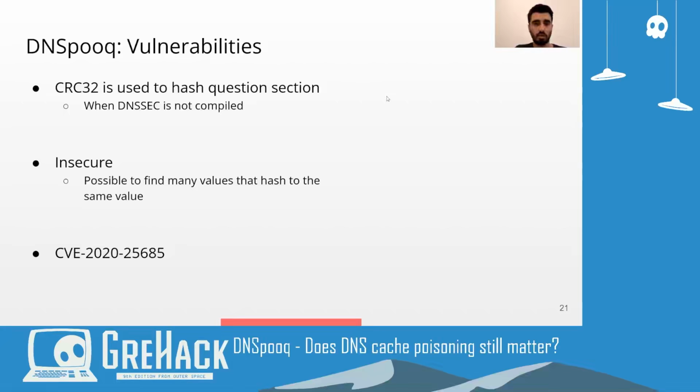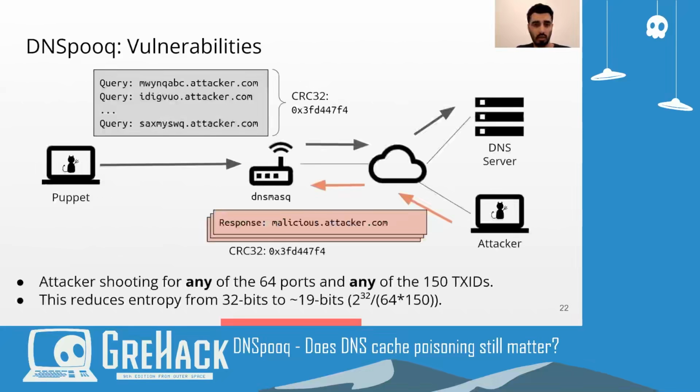So how can an attacker exploit these two weaknesses into a practical DNS cache poisoning attack? We will consider a scenario where the attacker controls one machine in the local area network. It can be full control of this machine or a semi-control via malicious JavaScript, for example. This attacker-controlled machine would generate queries that all have the same CRC32 value.